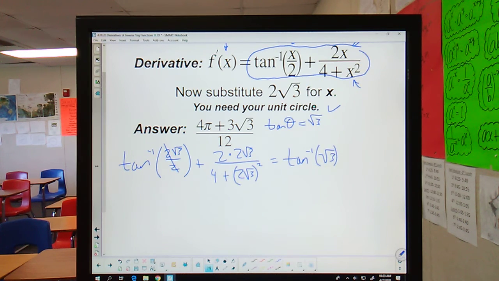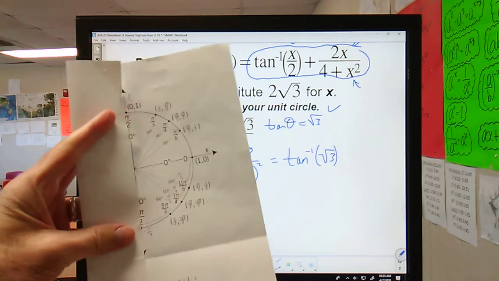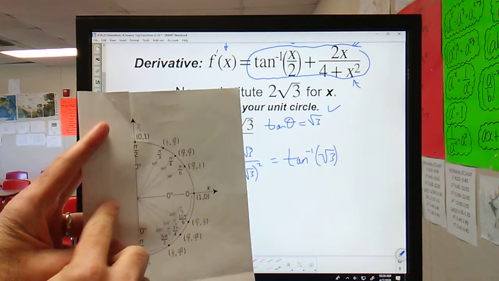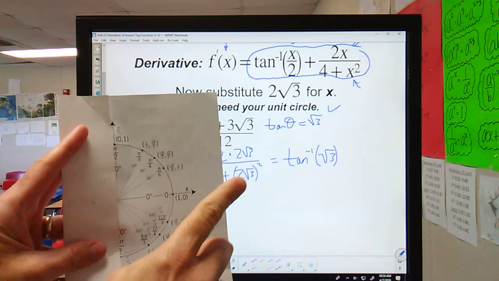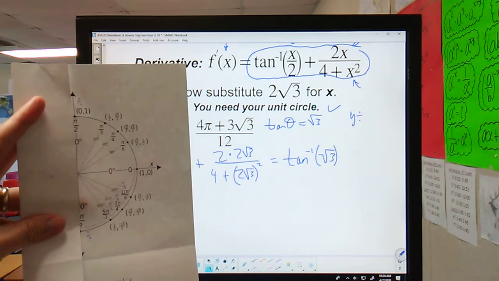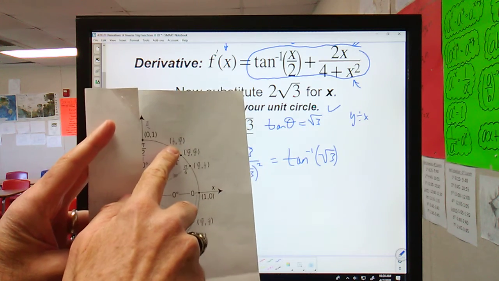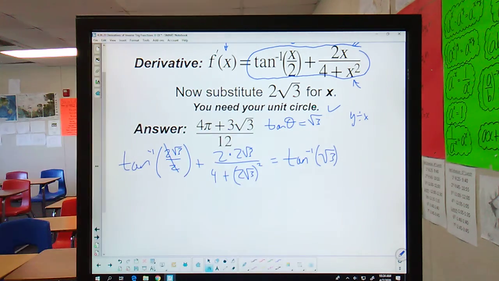So getting out your unit circle, remember the inverse tangent is just on this side, all right? I'm going to give you the answer. It's pi over 3, but the reason we know this is because tangent is y divided by x. So if you took the y and divided it by the x at pi over 3, you would get radical 3, okay? So the y is radical 3 over 2.